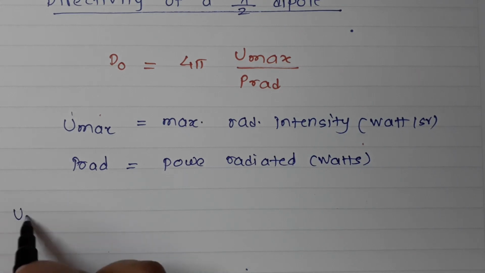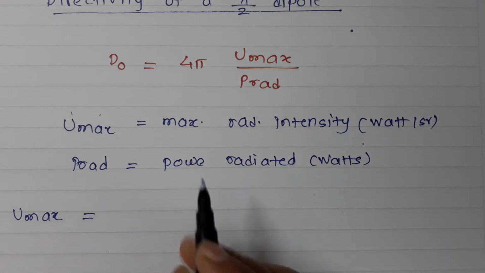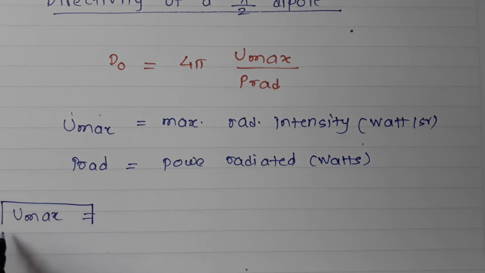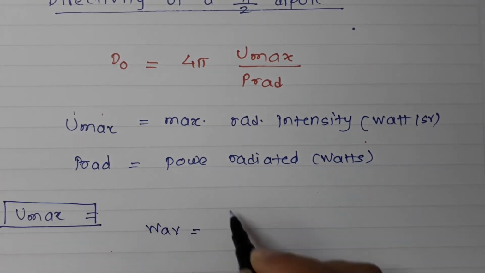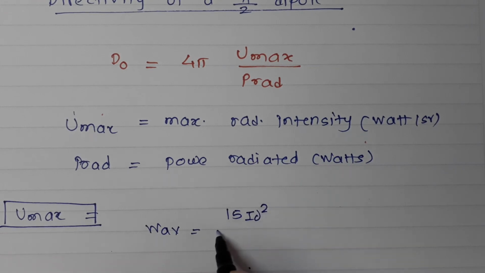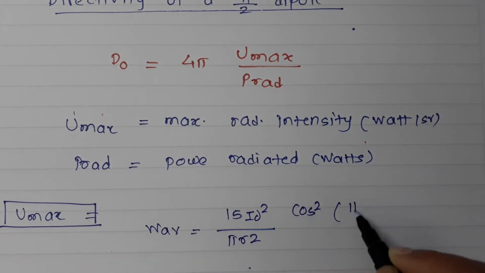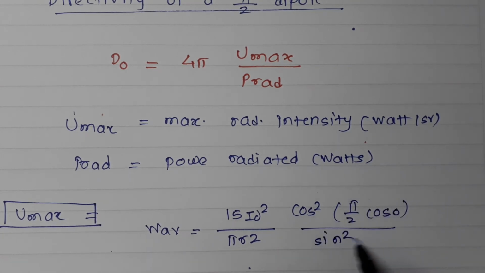Now how can I obtain U max? To find U max, I need to understand what W average is. W average is 15 I0 square divided by pi r square, cos square of pi by 2 cos theta, divided by sine square theta.